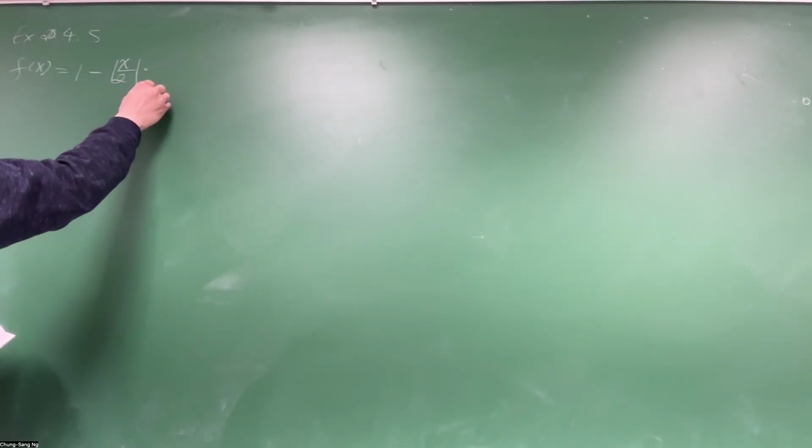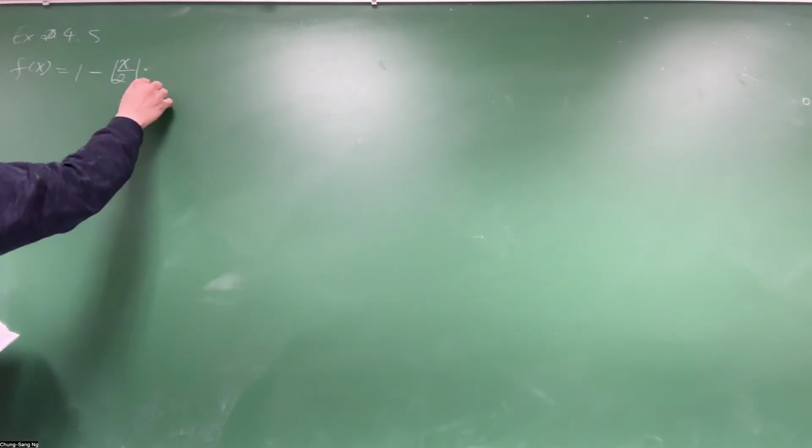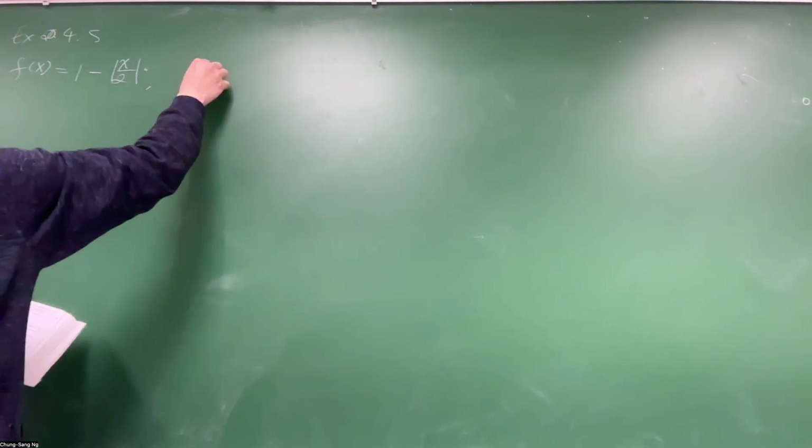So the Fourier transform, the function is given by 1 minus the absolute value of x over 2, and this is only within x from minus 2 to 2, right?